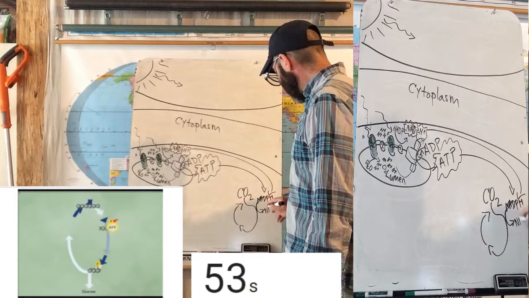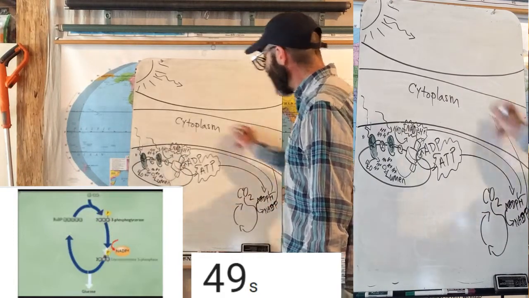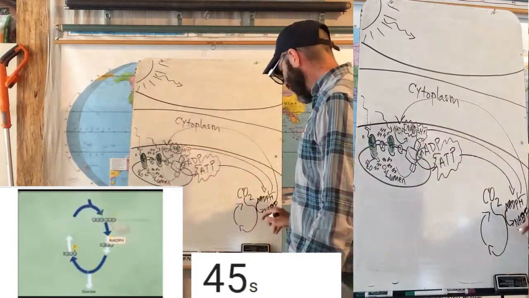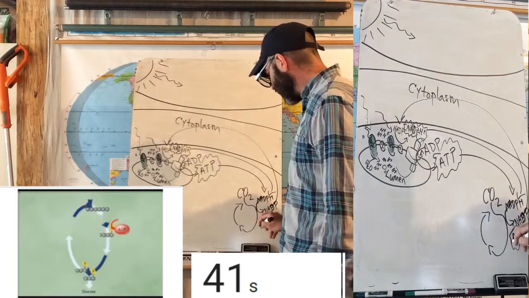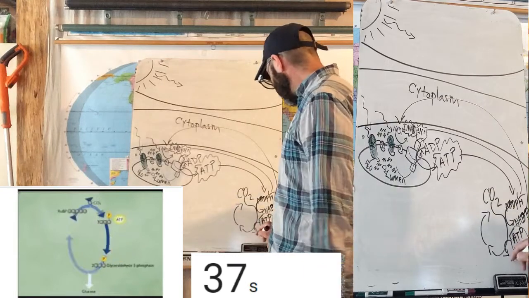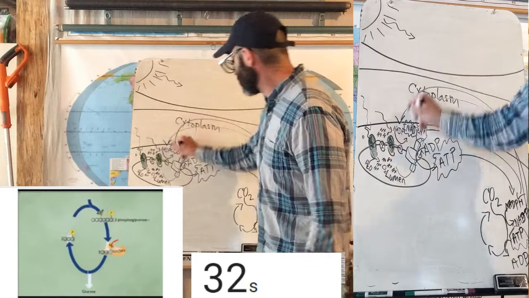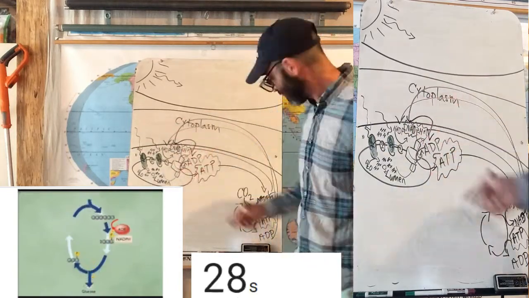It is converted into NADP, and this then goes back to the light-dependent reaction for recharging. ATP does the same thing. Remember, ATP is a high energy molecule. It goes into the Calvin cycle, that energy is used, and then it becomes ADP. And that ADP then goes back to the light-dependent reaction for recharging.